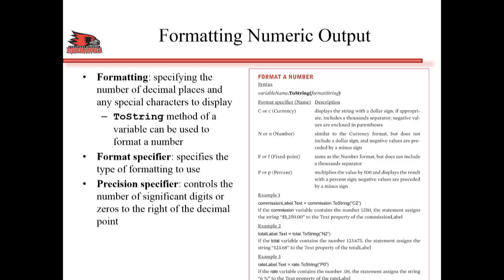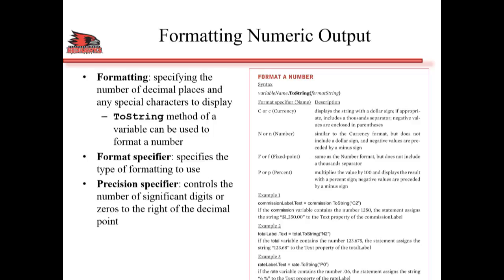So there are 4 different format specifiers. The currency format specifier puts a dollar sign in front of the number, and you have commas for thousands. Then there's the number format, same as the currency format except that it does not include a dollar sign. Then the fixed point format, which is the same as the number format but does not include those commas for thousands.